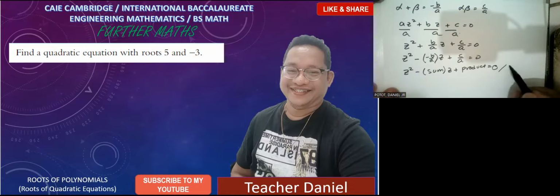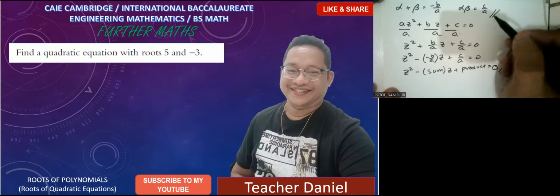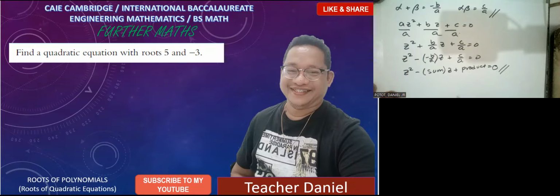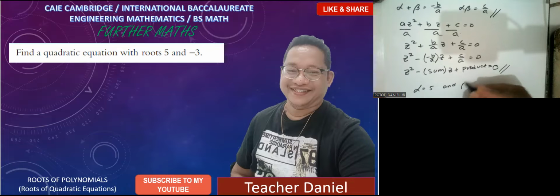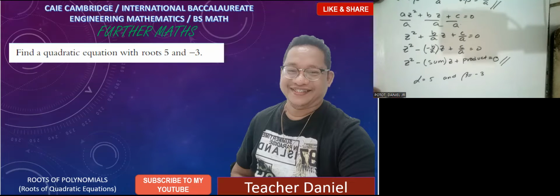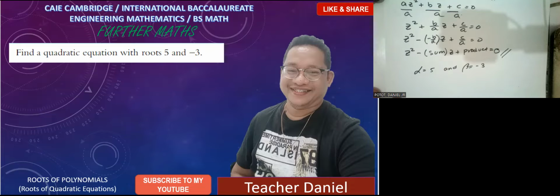Please look at this and let's now answer the question: find the quadratic equation with the roots 5 and negative 3. In this one, alpha is equal to 5 and beta is equal to negative 3. You can have it either way, it doesn't matter. What we're looking for is the quadratic equation.